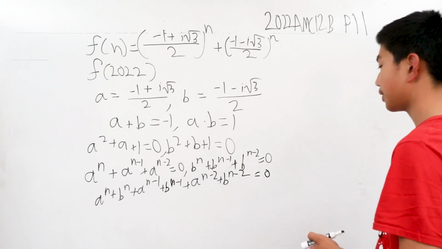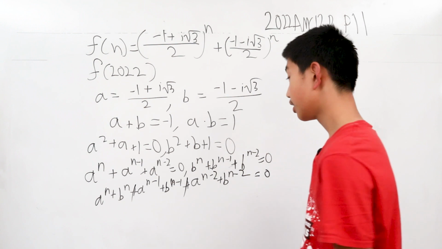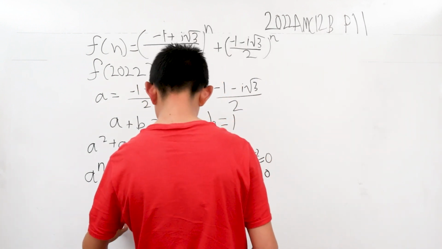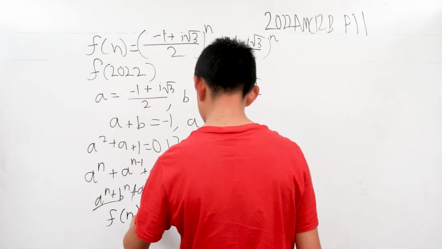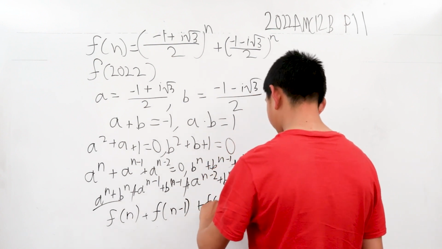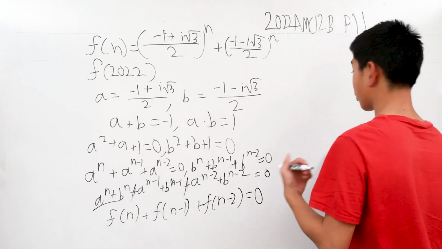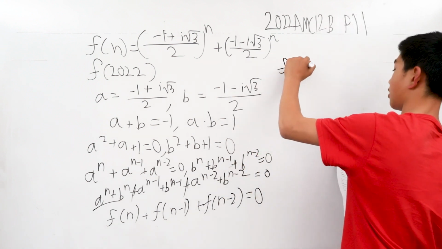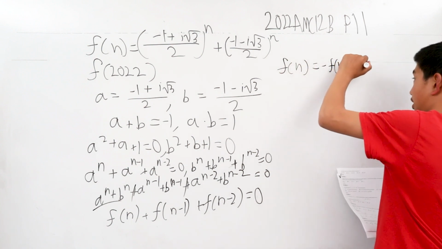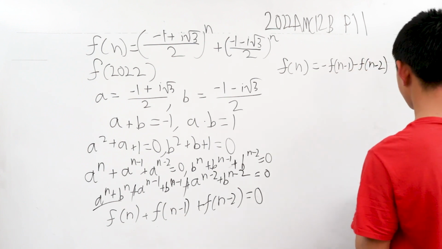What this simplifies down to is three groups of a plus b. The first simplifies to f of n, then plus f of n minus 1, and then plus f of n minus 2 equals 0. Therefore, we have just proved that f of n is equal to negative f of n minus 1 minus f of n minus 2. That's pretty big for us.